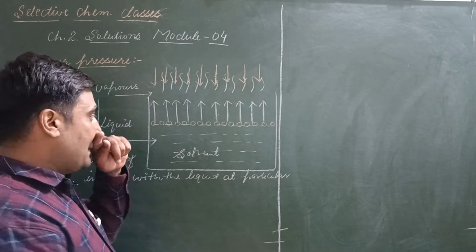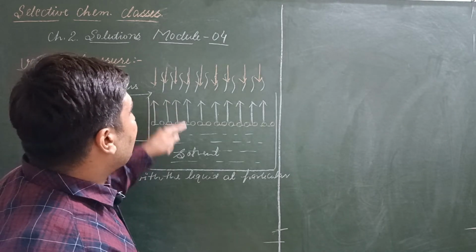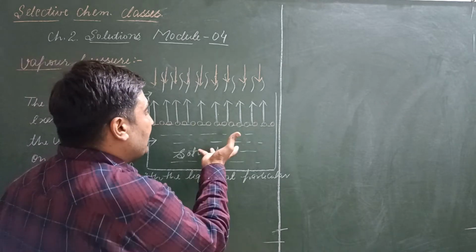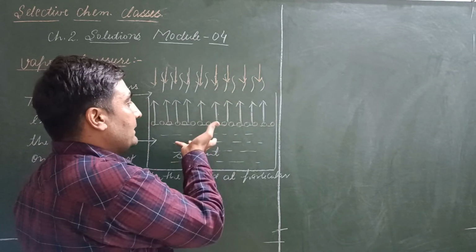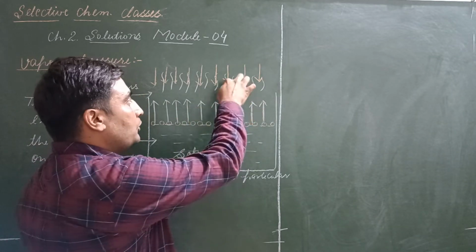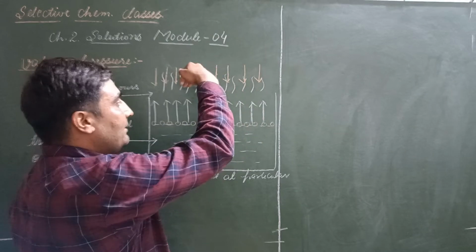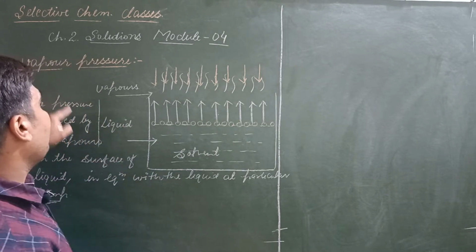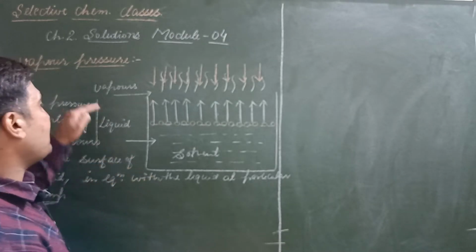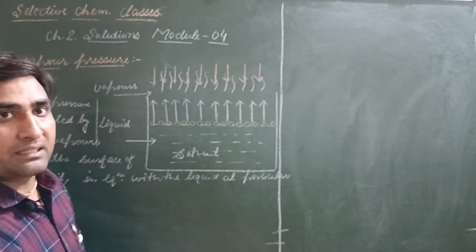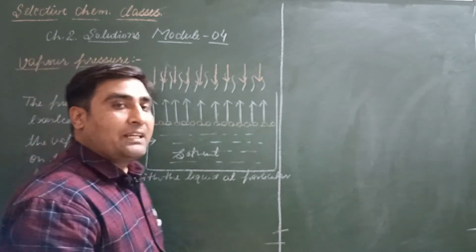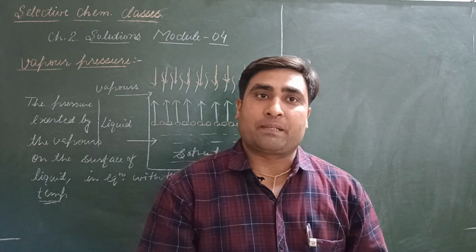I am again telling that the pressure exerted by the vapors. First of all, the vapors will be formed by these liquid molecules. Those vapors will exert pressure over the surface of liquid, and such pressure is called the vapor pressure.